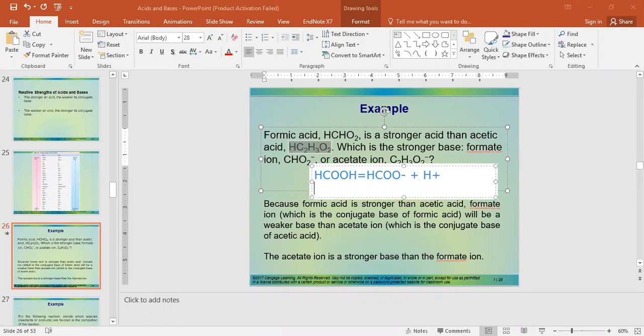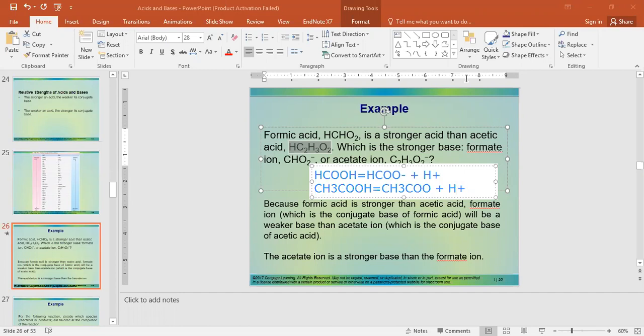And then when we have the ethanoic acid, we have CH3COOH, and when it ionizes, it gives us CH3COO- plus a hydrogen ion.